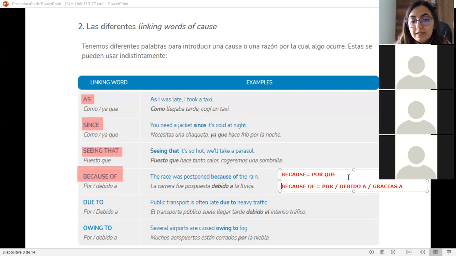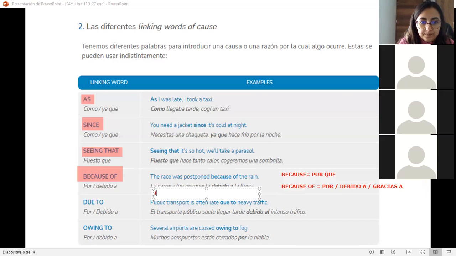Y ese algo más es, miren, ¿por qué van acompañados? Hay que tener mucho ojo de cómo están acompañados o cómo está escrito cada uno de ellos, ¿no? Let me make another sentence right here.